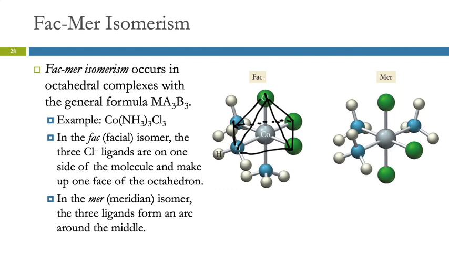So that's the face isomer. And then the other one is called mer because these 3 are like the meridian going around the middle. Okay? So the 3 ligands form an arc around the middle, or they can form a face. So face or mer. Any questions?